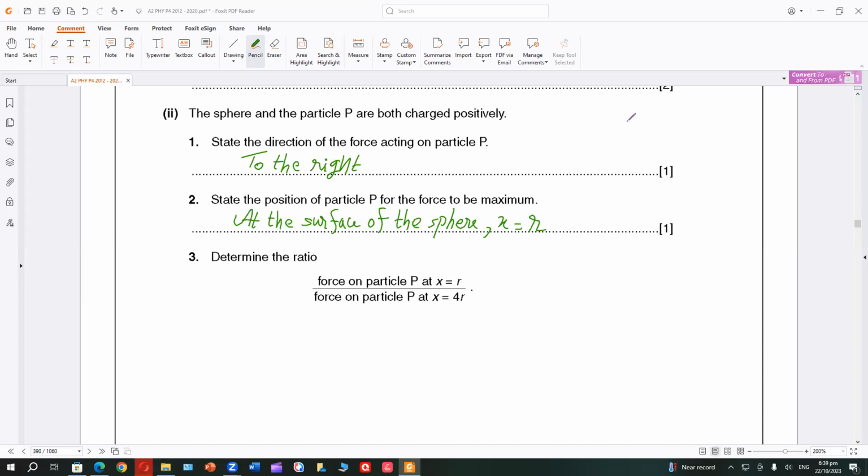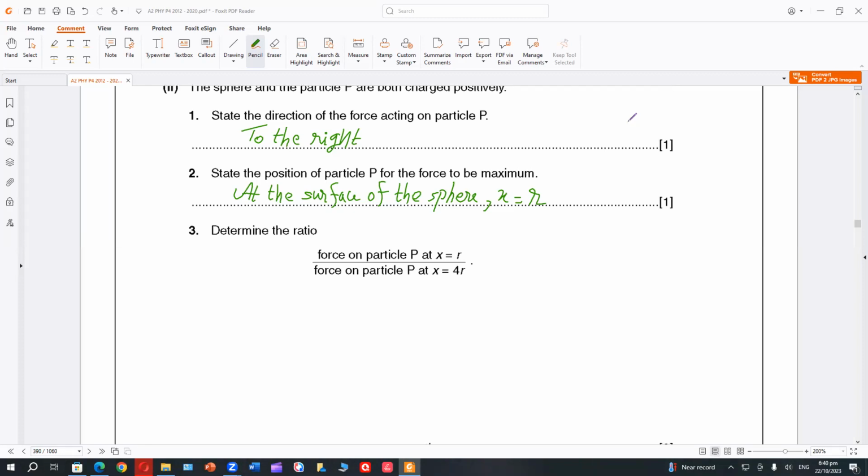Determine the ratio of the force on particle P at x equal to r and at x equal to 4r. Now we need discussion on this part, how we can apply the formula. Should we go for Coulomb's law? Force on the particle: we have a formula that force is inversely proportional to x square. So I can make it an equation: force is equal to k upon x square.